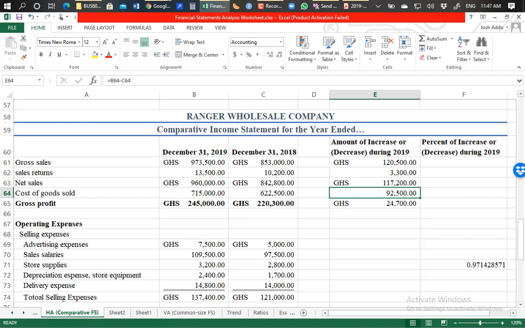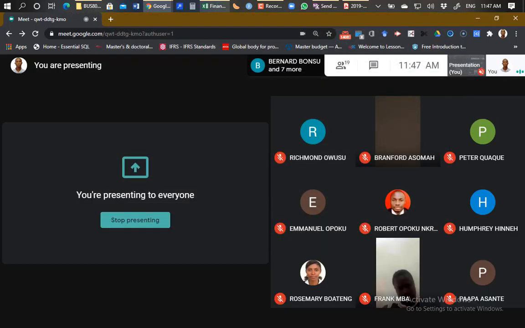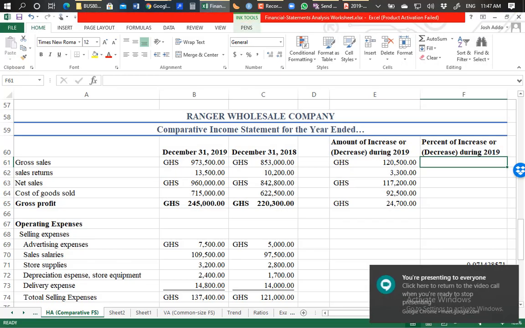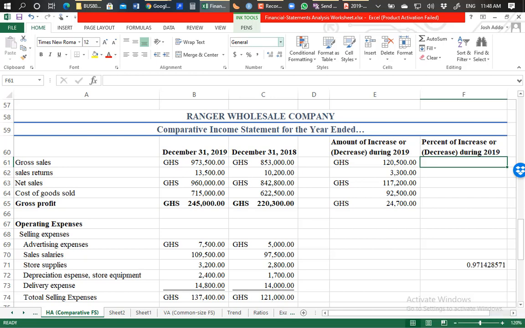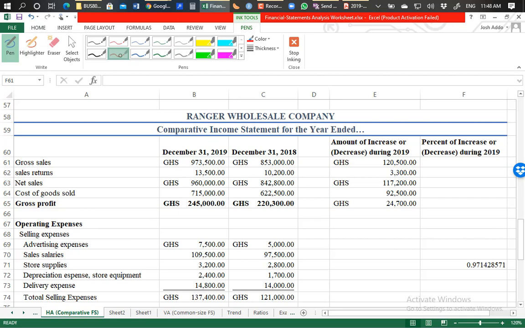Then the percentage change. The formula for calculating percentage change is the new value minus the old, which is the change we have already computed, divided by old times 100%.